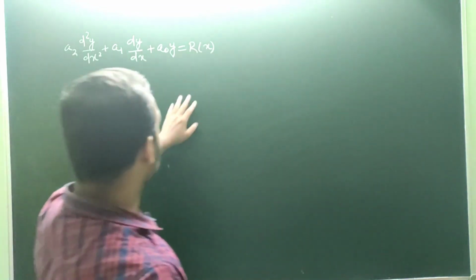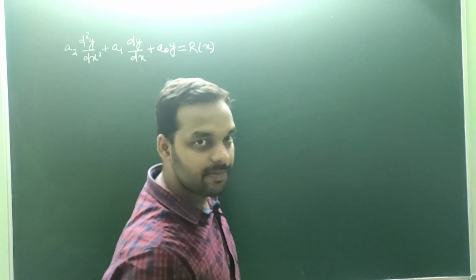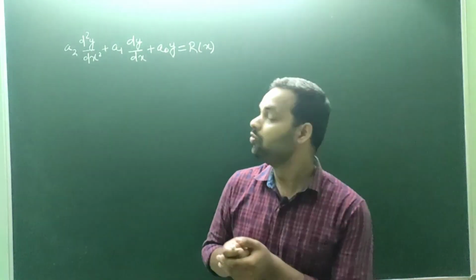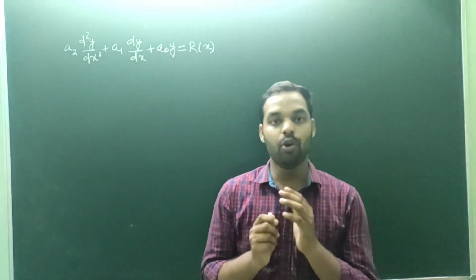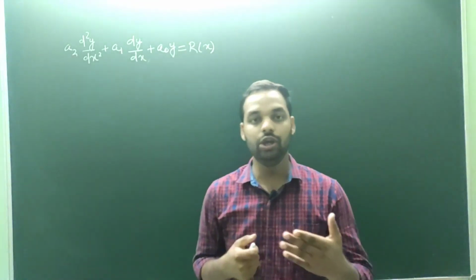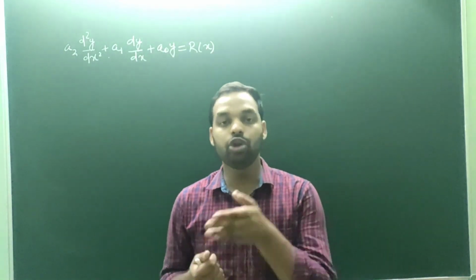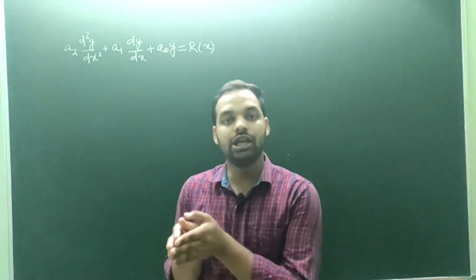I have taken different kinds of r of x, like cosine or sine function, or exponential function, or nth order polynomial, and I told you how to find out the solution of the differential equation. That means both complementary function and particular integral.